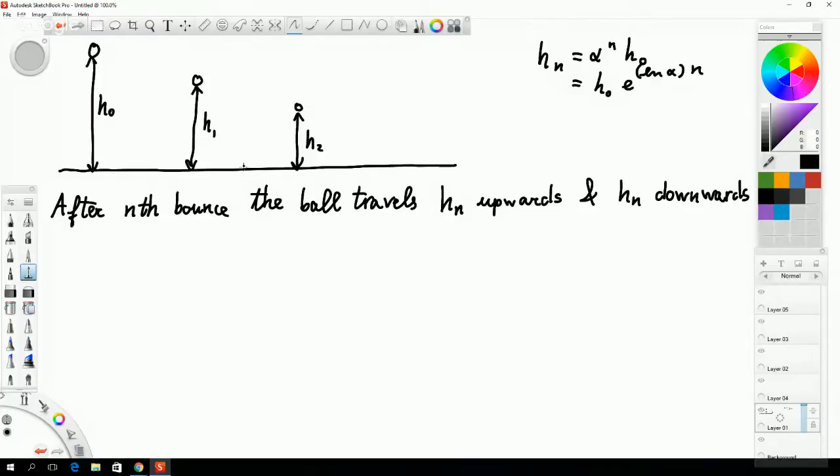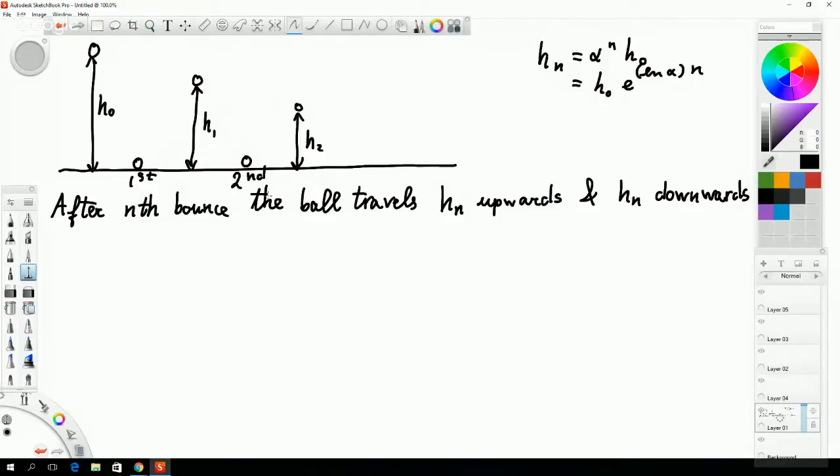So all I'm saying is if I add the position of the ball after the first bounce, okay, so the first bounce would have occurred somewhere here. Then the ball would have traveled h1 up, and then it falls back again. So this is the first bounce, and this is the second bounce over here.